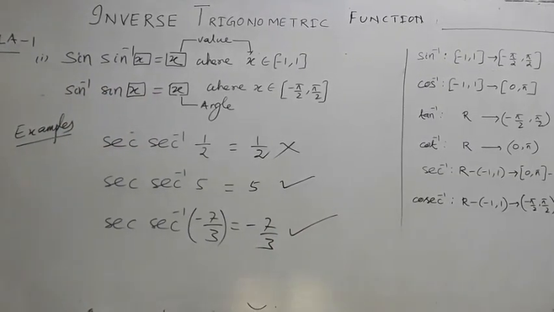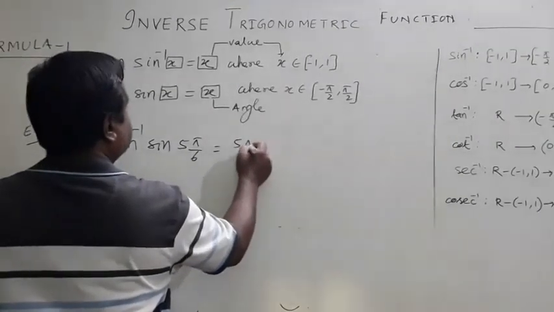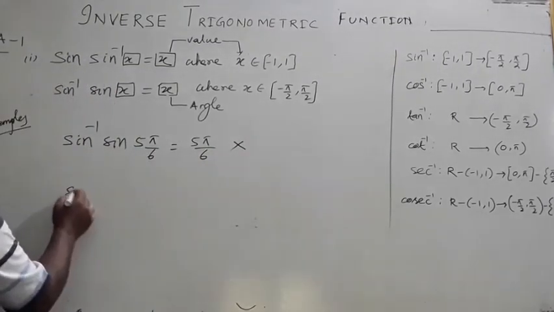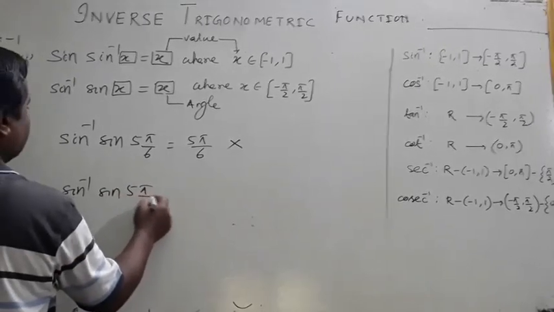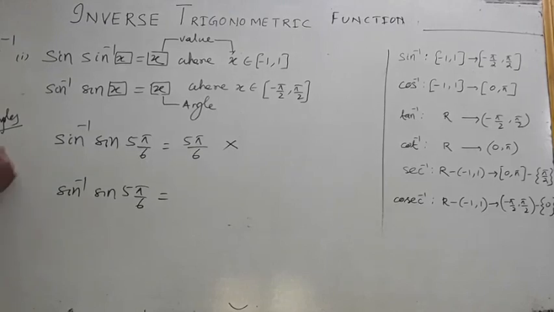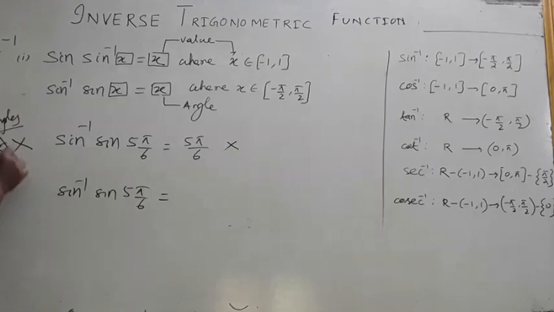Okay, now sine inverse sine 5 pi by 6, is it wrong or right? It is wrong. Sine inverse sine 5 pi by 6, its value we can find, but we cannot find the value of sine inverse 5. There is no chance of any other correct answer.